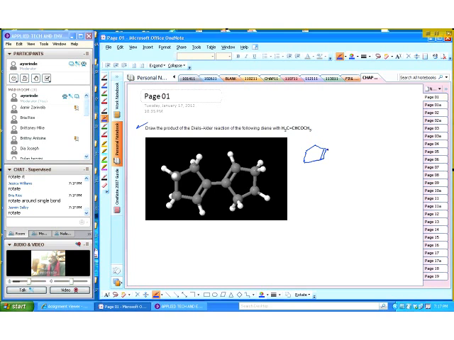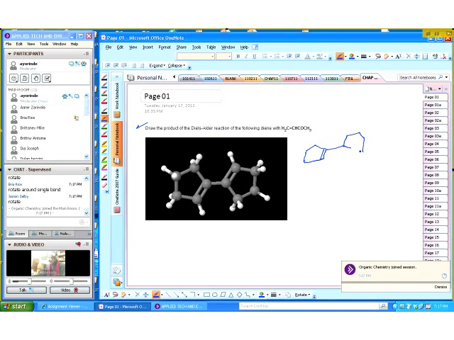You have a double bond here, and then we have another double bond here. So what I will do here is simply rotate on this carbon-carbon single bond, and once I do that, I will go from the trans conformation to the cis conformation.